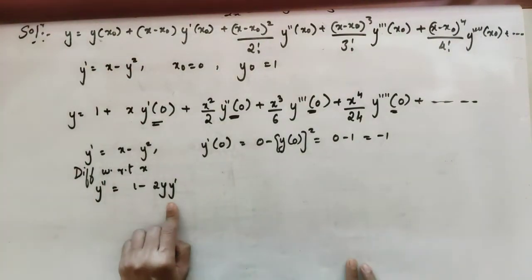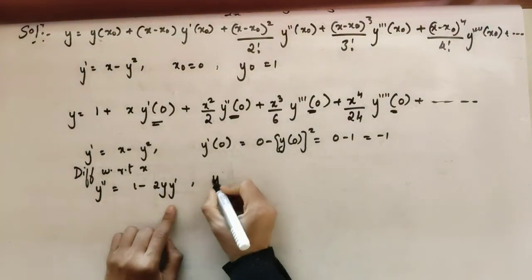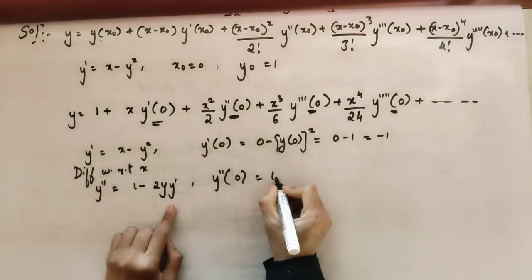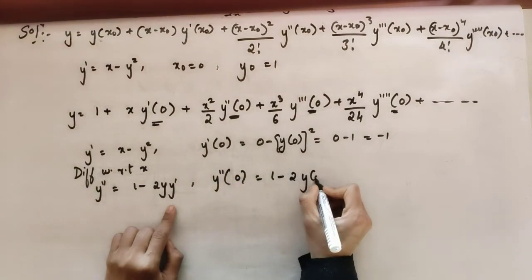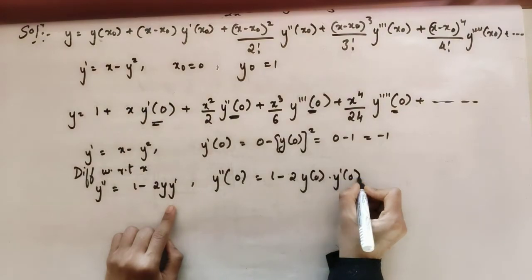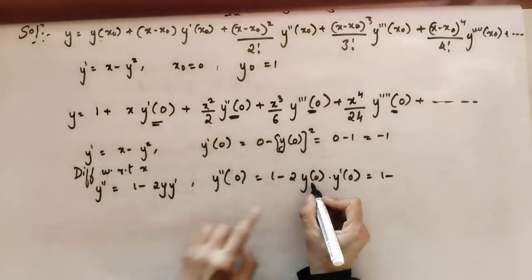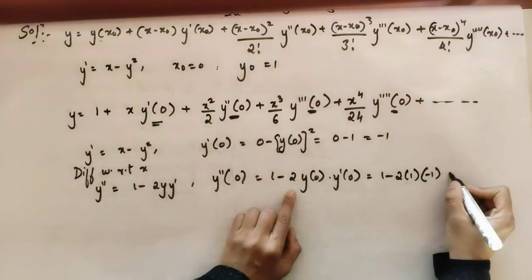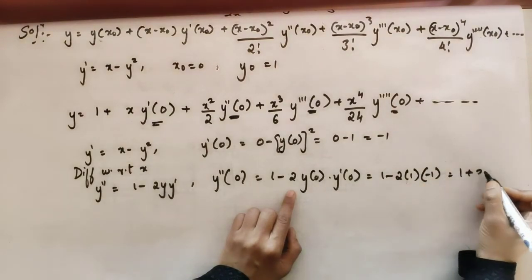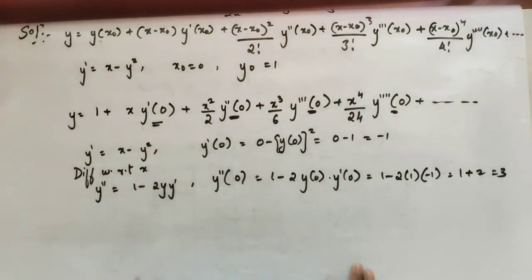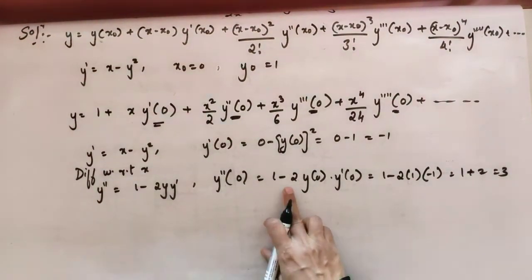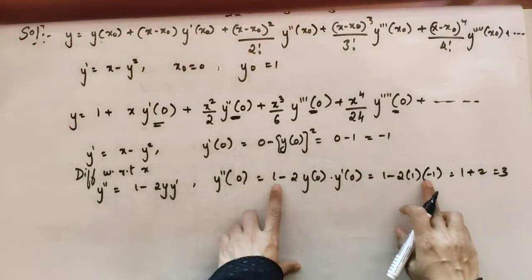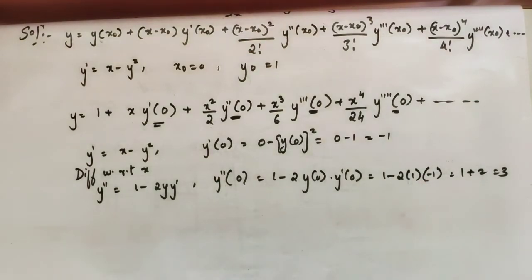In place of that, you need to write y dash. So I want y double dash of 0. It will be 1 minus 2 times y of 0 into y dash of 0. Now y of 0 is 1 and y dash of 0 is minus 1. So 1 minus 2 times 1 into minus 1 becomes 1 plus 2, which is 3.